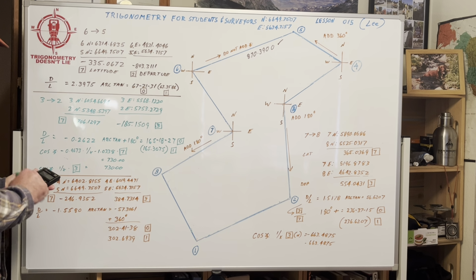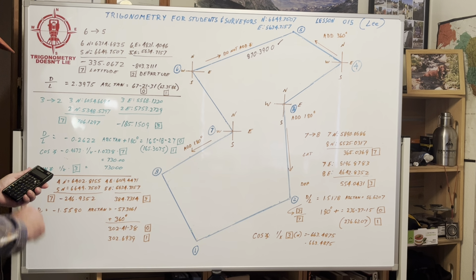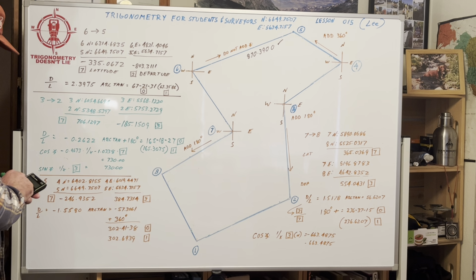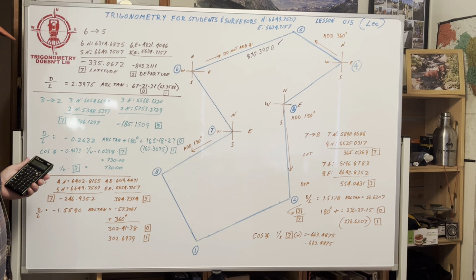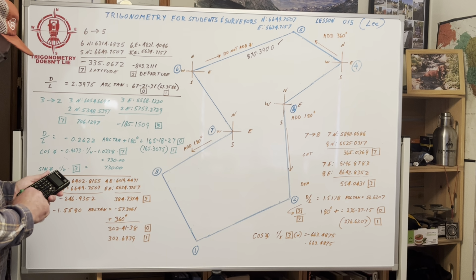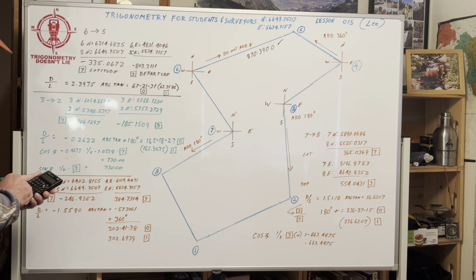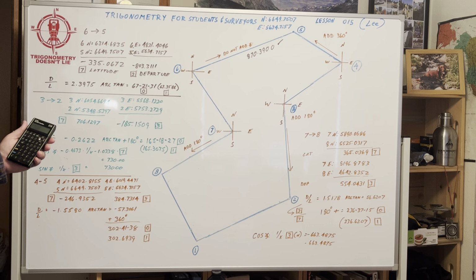Now we stored that as 3. Now we already have that in there, so now we just got to recall 7, 706.1297, and now divide. That's a negative 0.2662. Now we want the arctangent of that. Okay, the arctangent is 1469.25, but we're going into the southern part now, so we want to add 180. Oh, it's a negative, sorry.